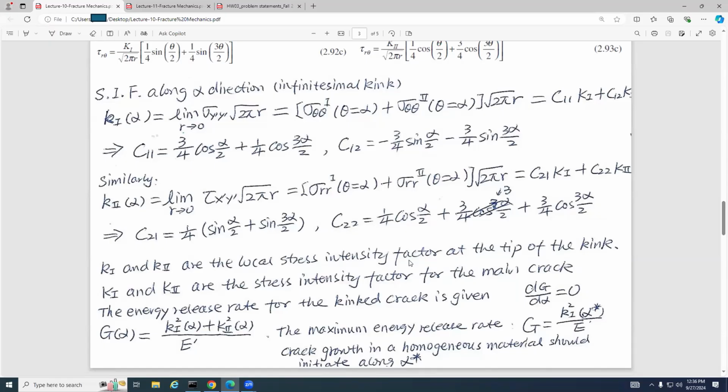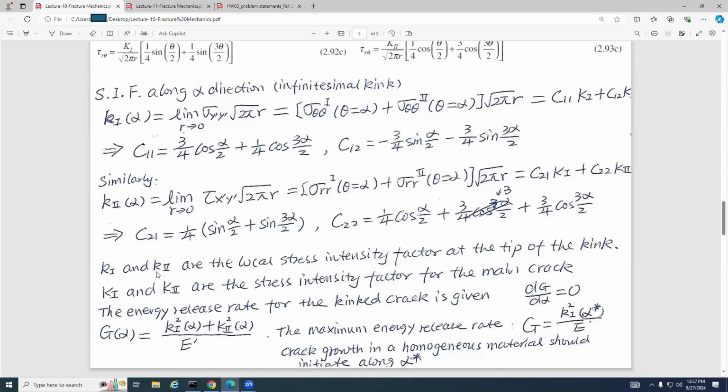This is called a kink. Capital K1 and K2 are the stress intensity factors for the main crack, the bigger crack.